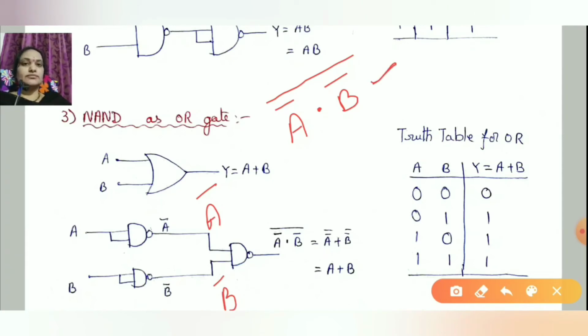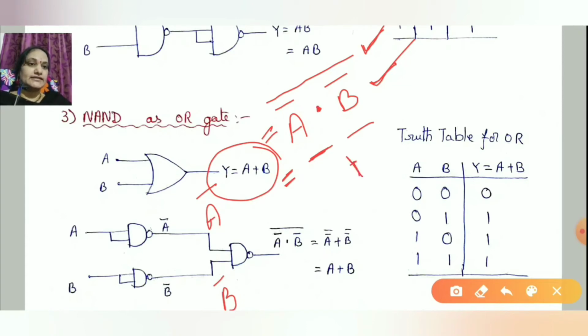Now you may ask me that you have to prove A plus B, but you got this expression. How, madam? Now let me explain how this term is equal to A plus B. You just recall De Morgan's theorem, because you can find the whole complement here. So you break the line and change the sign. This is multiplication, you change the sign, that is plus.